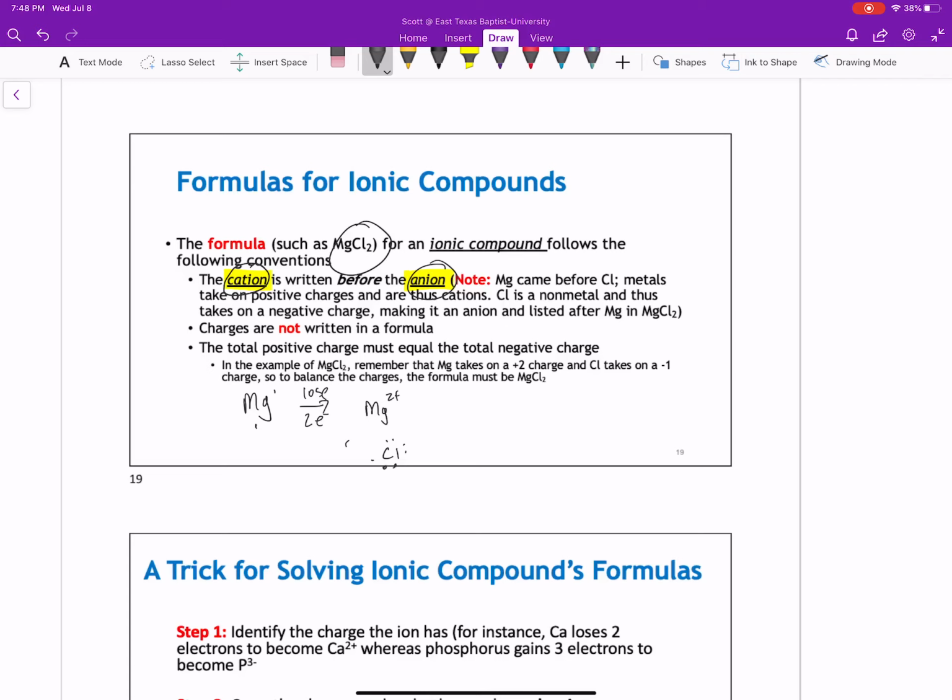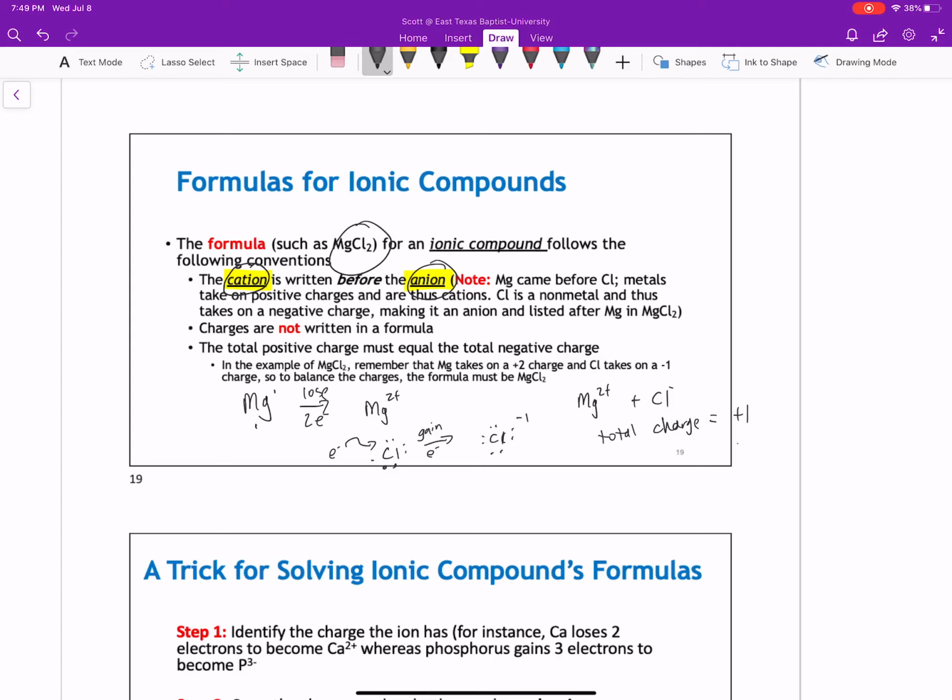So it's going to want to gain 1 right there to give you a chlorine with 8 electrons in its outer shell, the valence shell, and that's going to be with a negative charge.